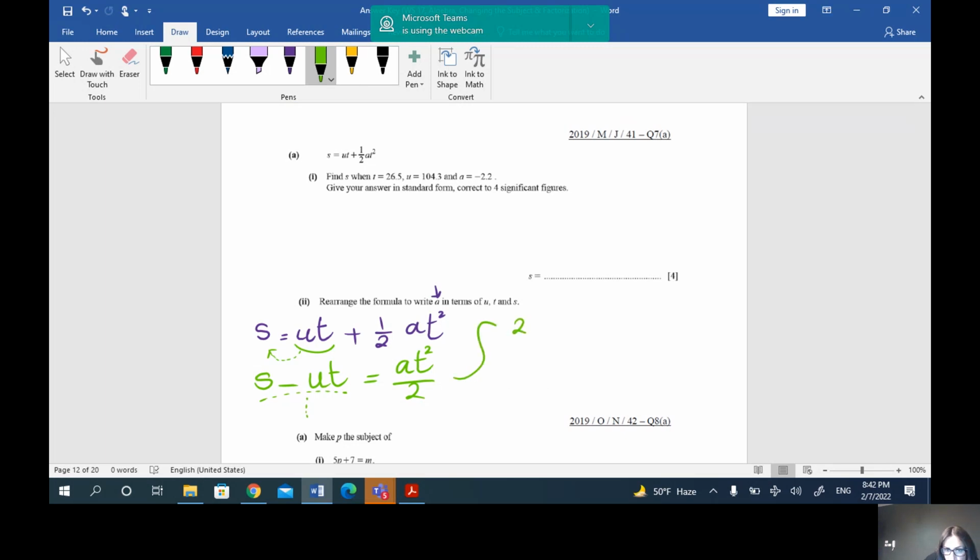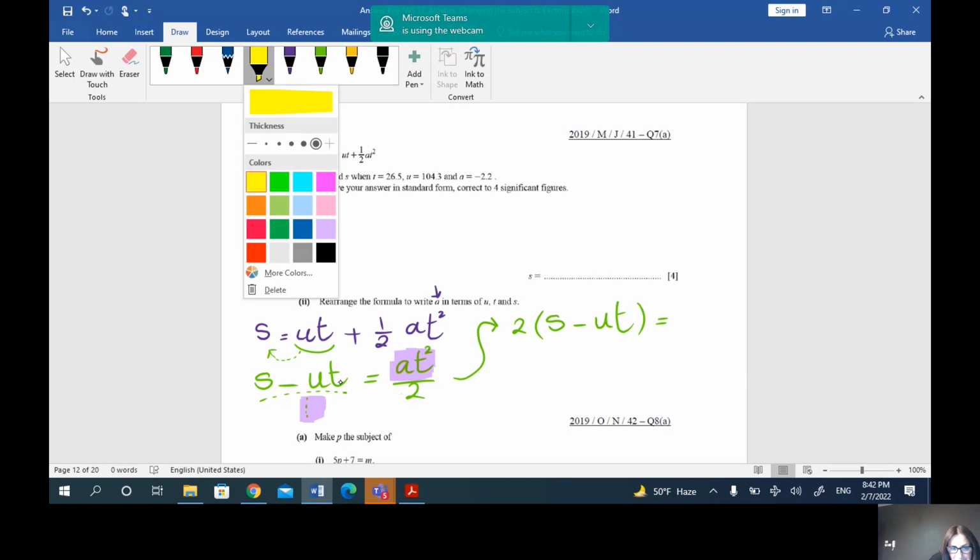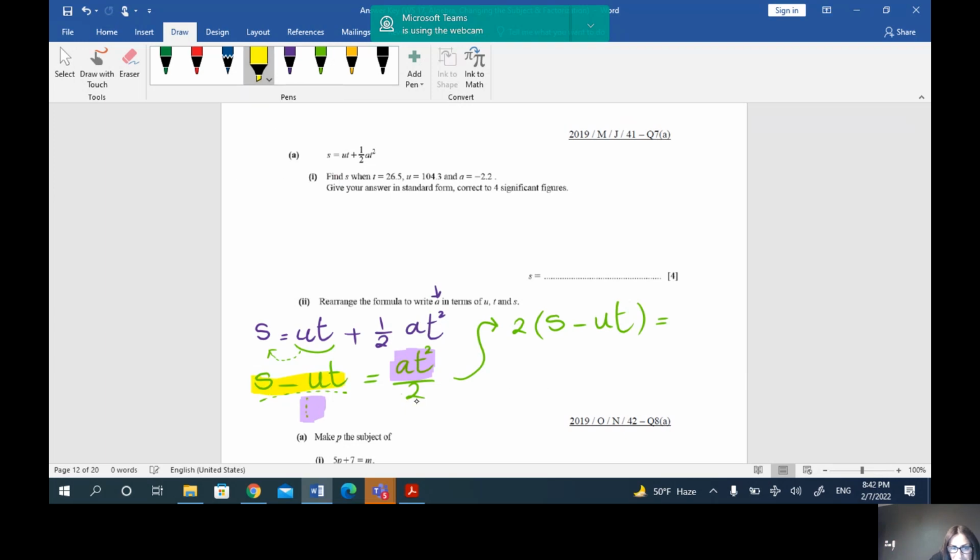So from here, you go to this step: 2 times S minus U T is equal to 1 times A T squared. Just let me remind you, A T squared times 1, and here it will be S minus U T times 2.